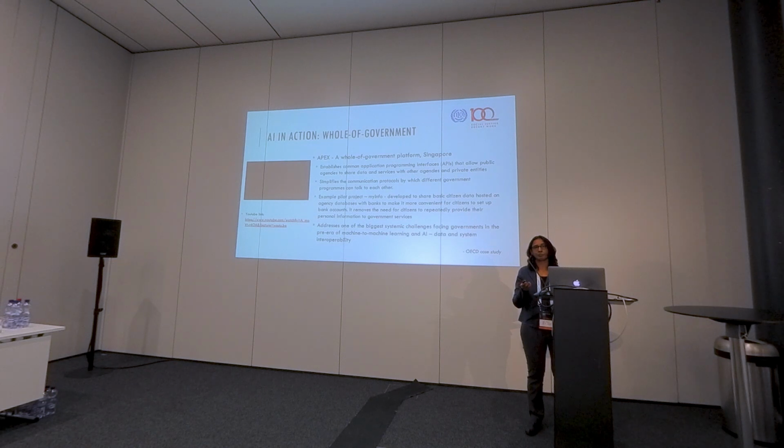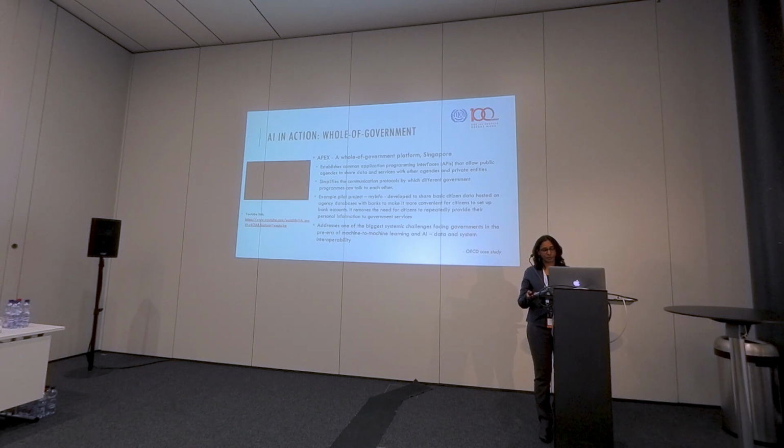One is the Singapore government's Whole-of-Government AI in action, which is a kind of apex system that they have developed. A similar system, slightly modified, is what you see coming up in Estonia today, which has also gone quite digital, using quite a bit of AI. Now, the APEX system of Singapore establishes a common application program interface, that is, APIs, which allows different public agencies to share data and services with other agencies and also with private entities.